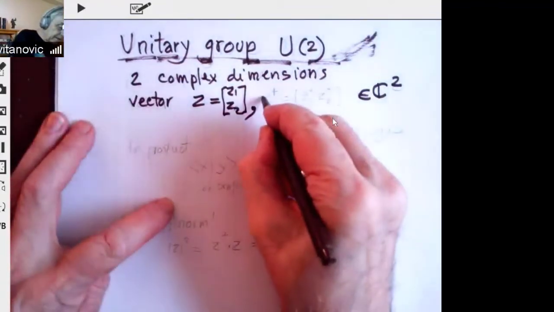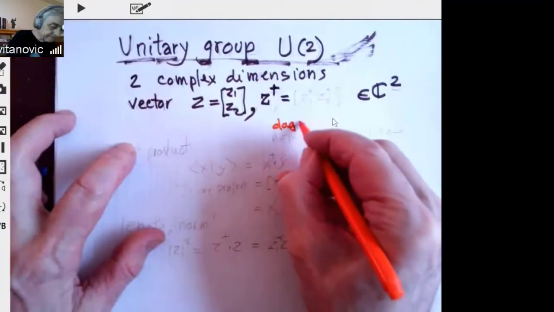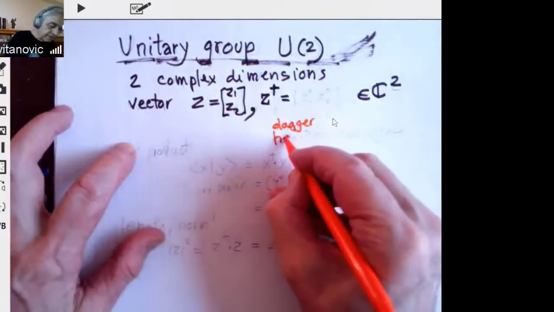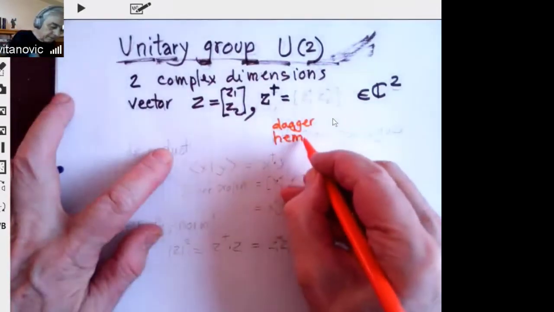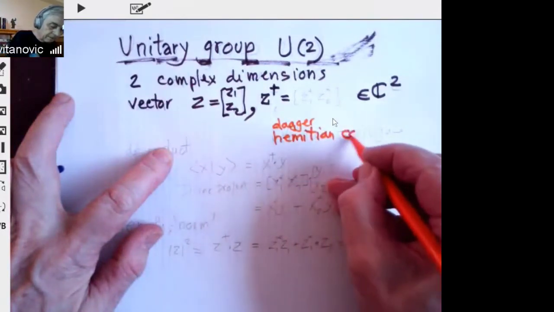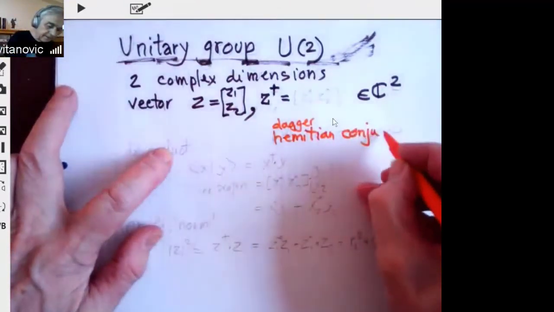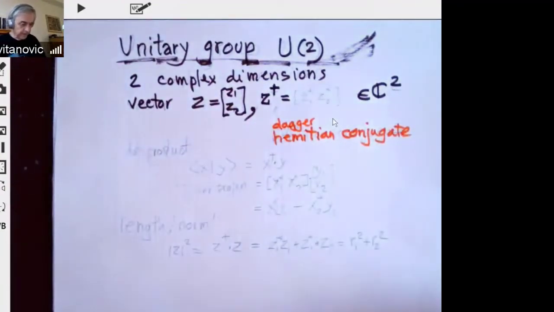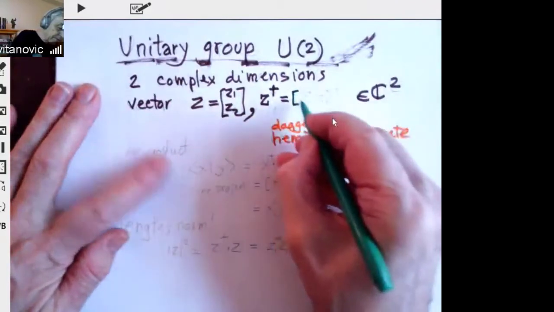And now we define a Hermitian conjugate, so this is a dagger, or after the French mathematician from the French Revolution, Hermite, it's called Hermitian. And it's called conjugate because of some stupid Latin background I had. Sorry, brilliant Latin background I got indoctrinated in the fancy schools.